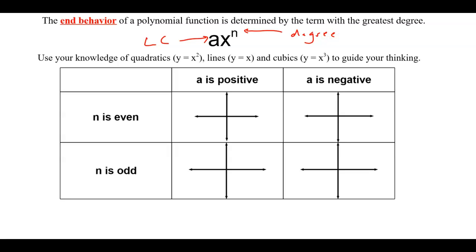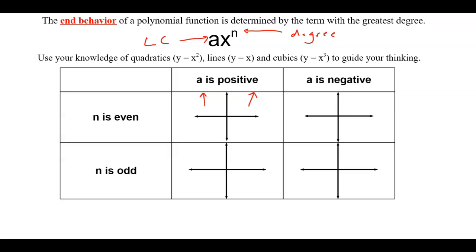Okay? If the degree is even and the leading coefficient is positive, that means that our polynomial is going to start at the top of the graph and it's going to end at the top of the graph.